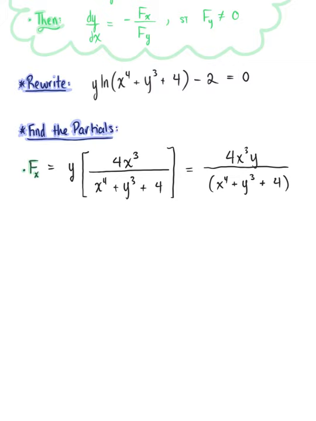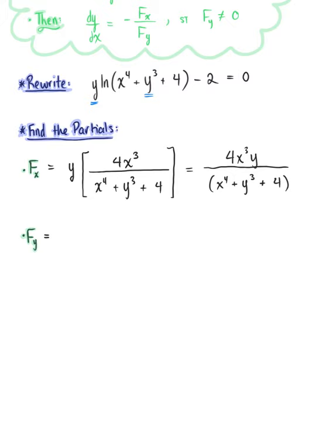Now, we also need the partial derivative of this function with respect to y. This is the slightly more exciting case because we have two y's. Looking back at our original function, we have this y on the outside as well as a y within the argument of the logarithm. So we need a product rule.